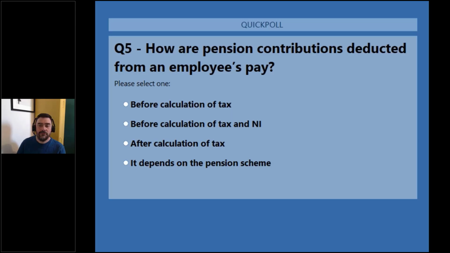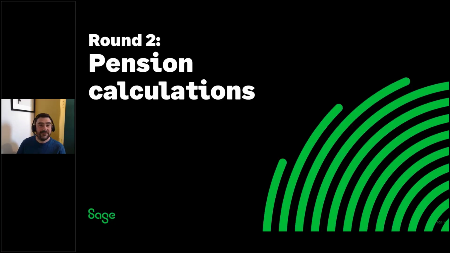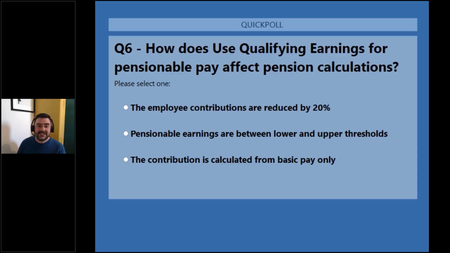And we will move on to question number 6. How does using qualifying earnings for pensionable pay affect pension calculations?